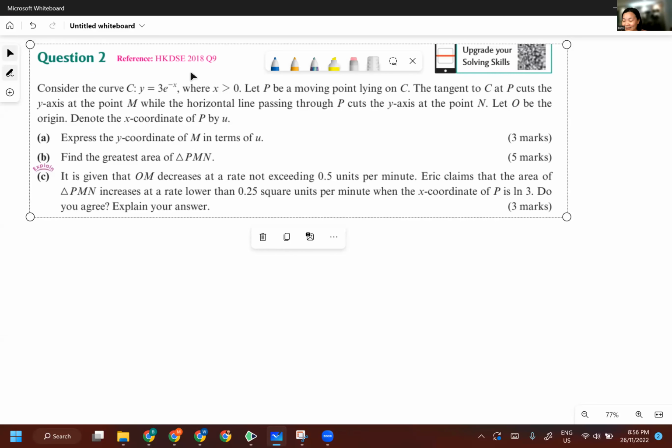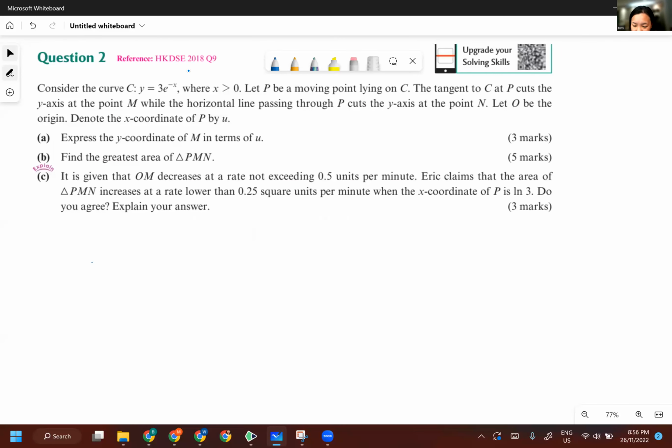Now, before anything, you need to sketch the curve. And the sketching doesn't have to be coming from first derivative, second derivative, because this curve is a basic curve. So on your rough work, you must sketch a few things. This one.